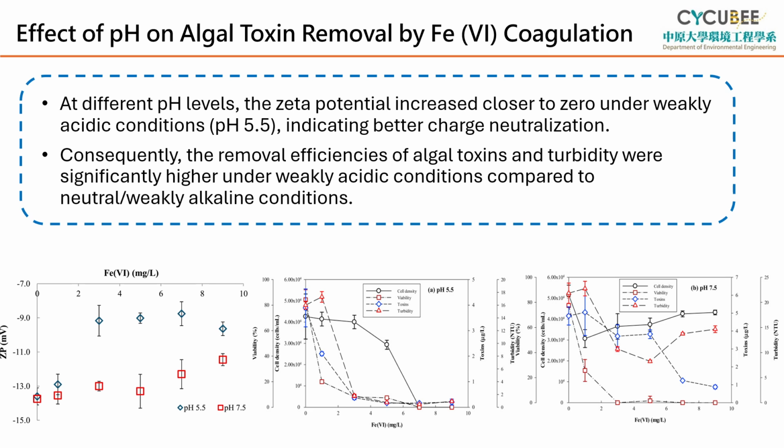And now we can see the middle and right figures, the turbidity and the toxin. For both, the lower pH of 5.5 is better than pH 7.5.